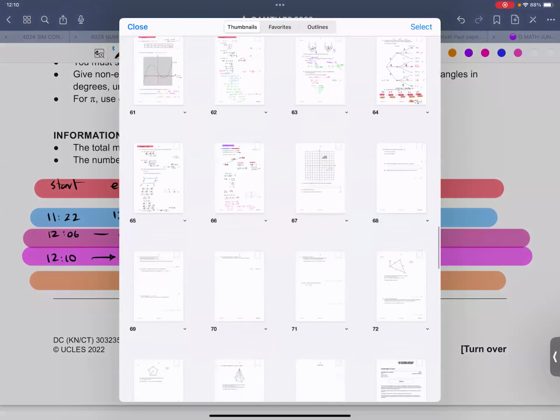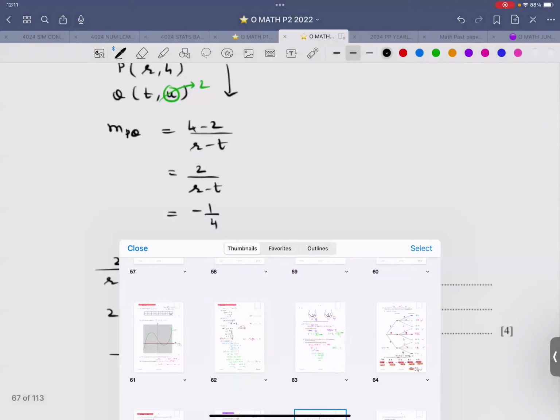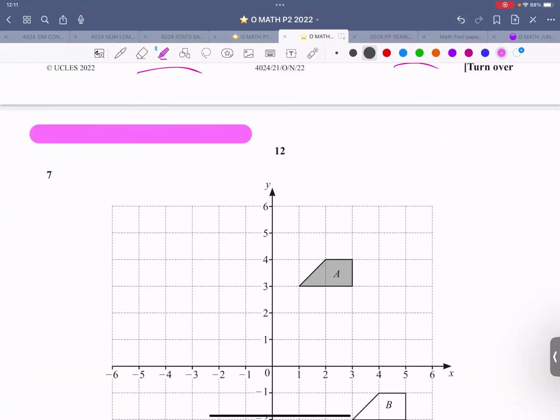So now we are looking at this question, which is question number 7. So what exactly is question number 7? Question number 7 is, I think, about transformation.